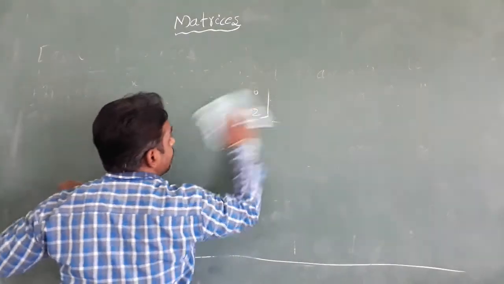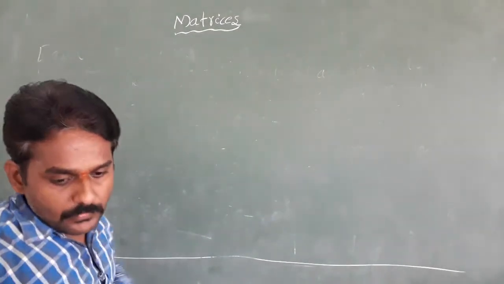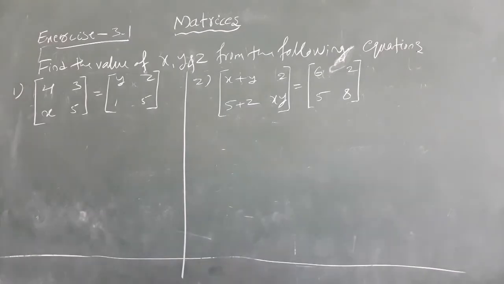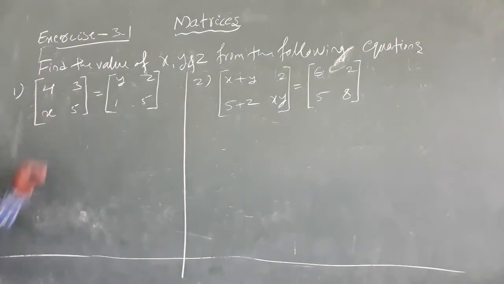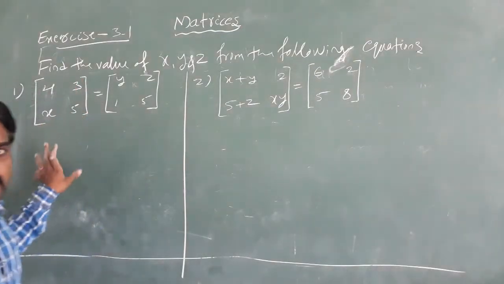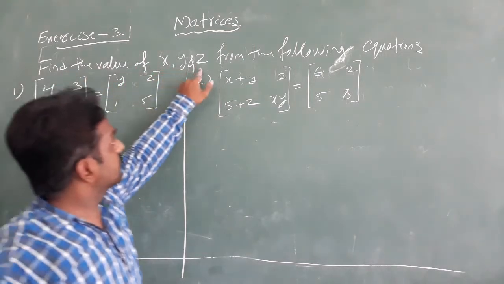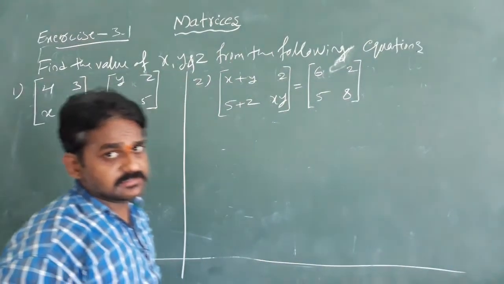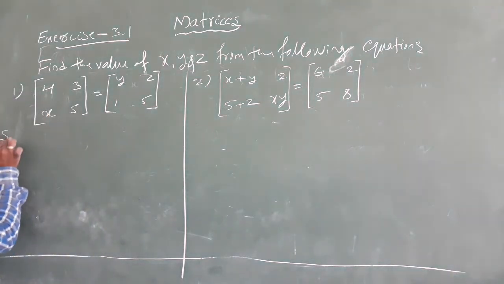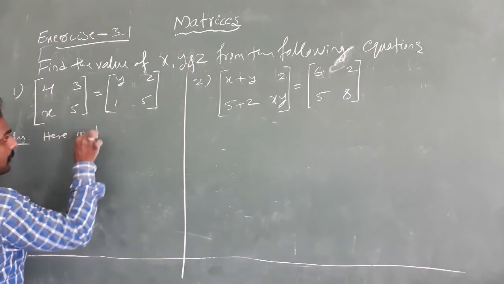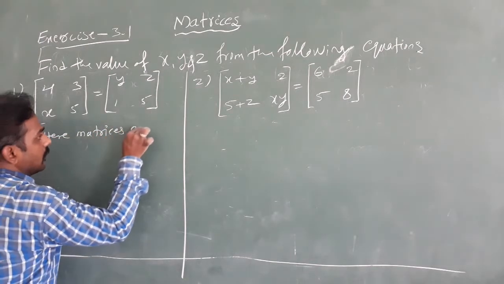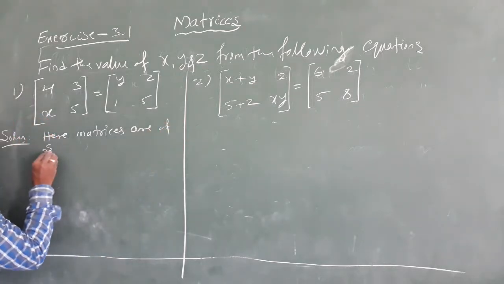Find x and y. They will mention. Okay, students, these are the exercise problems. Already they mentioned that both the matrices are equal. Find the values of x, y and z from the following equations. Okay, here see the solution. Here the matrices are of same order.